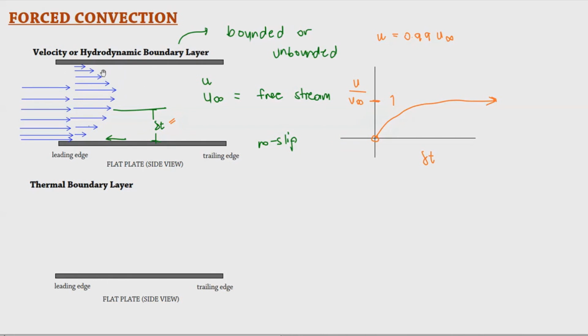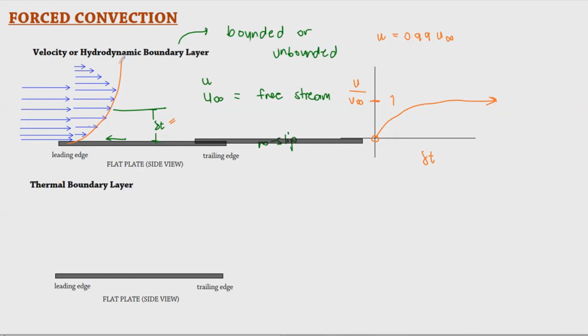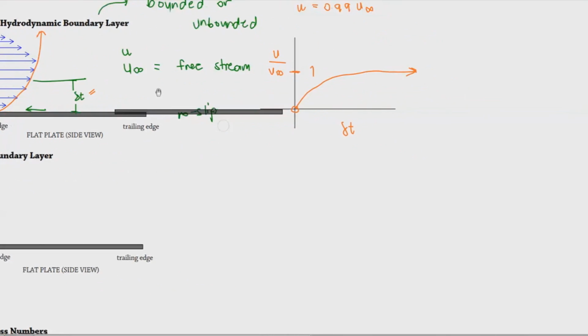The velocity profile for pipes, the fluid that flows inside the pipe, is actually parabolic. But if it is unbounded, so imagine we take this boundary out, it will be something like the one you saw earlier. It goes something like that, not parabolic, but something like exponential.